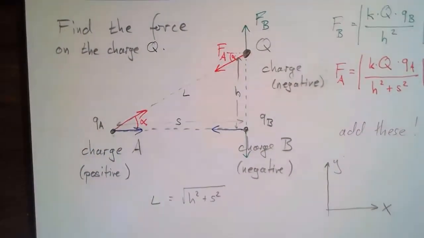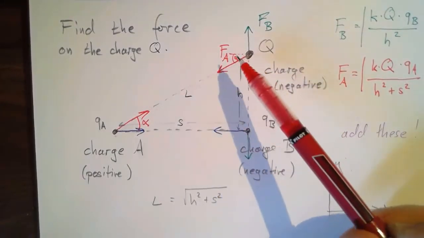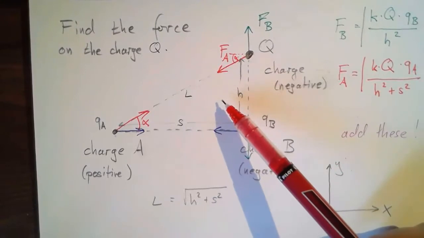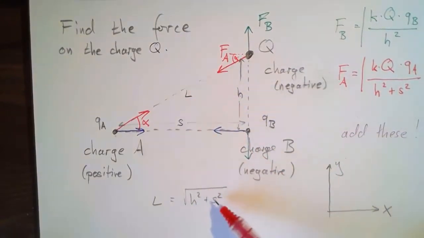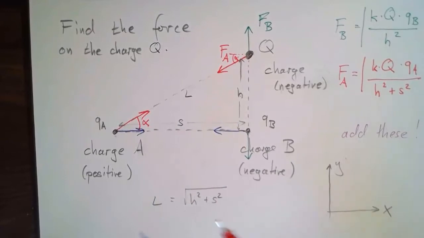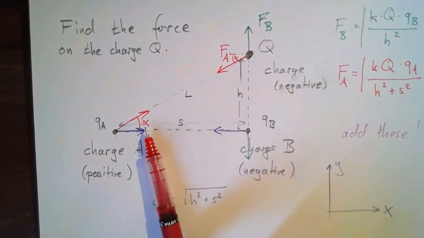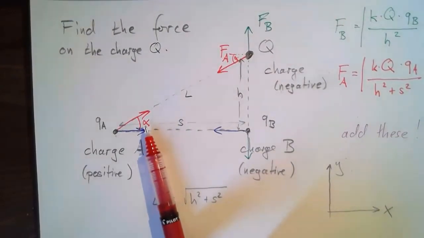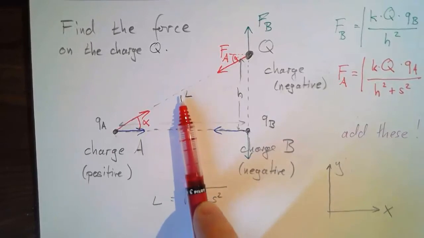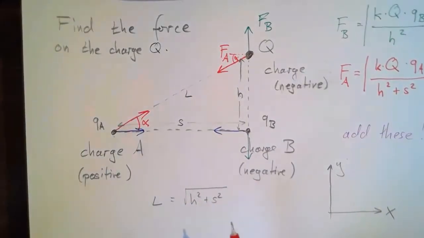So, what is alpha? Well, you could use trigonometry to actually find a value for alpha in terms of s and h. And you know L in terms of those two already. But we can make our life a lot simpler because we don't want to know alpha. We don't care about alpha. We care about the cosine of alpha. And the cosine of alpha is adjacent over hypotenuse. S over L, or S over the square root of h squared plus s squared.